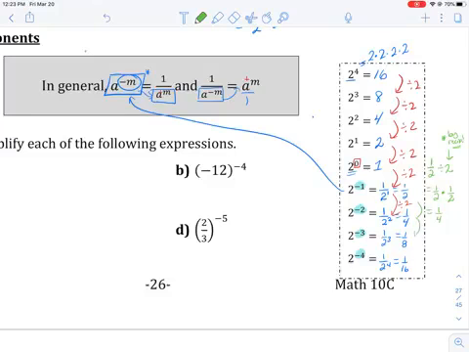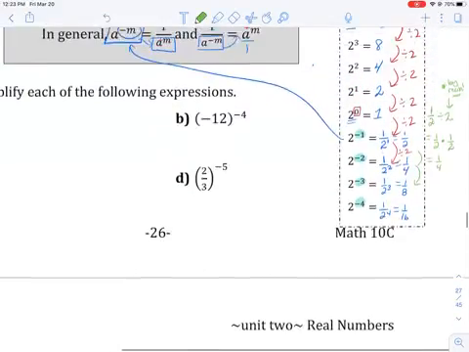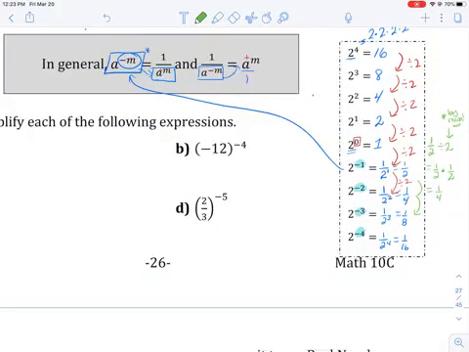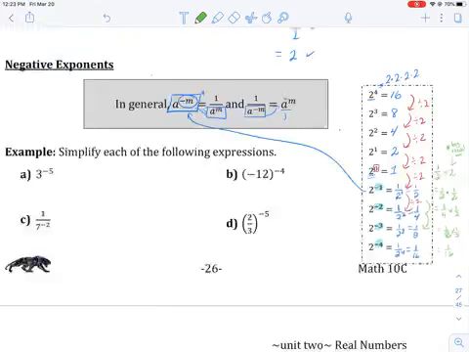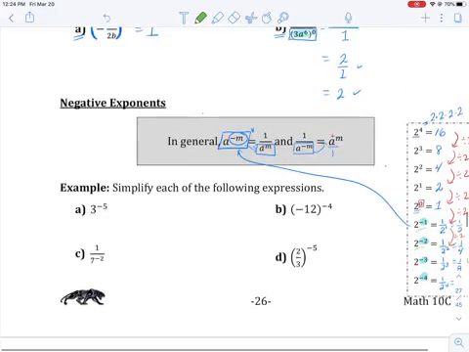And again, if we were to divide by 2 to get 1/8, that's the same as multiplying by 1/2, which is 1/8, and so on. So that's one way to look at our negative exponent laws, is just to look at the patterns and see if this pattern holds true, then 2 to the negative 1 has to equal 1/2, and so on.